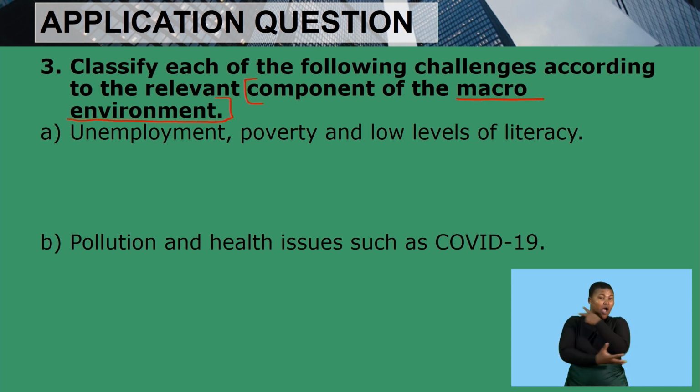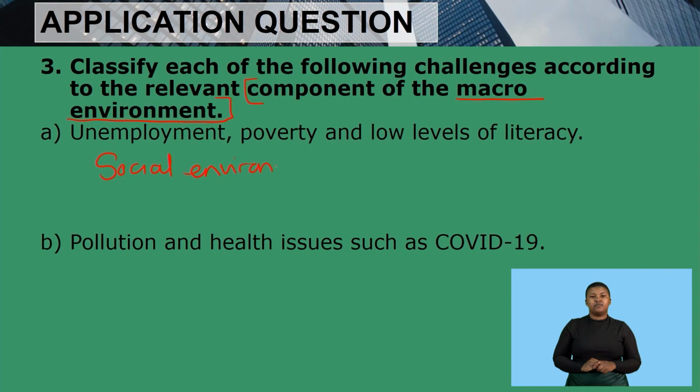unemployment, poverty, and low levels of literacy. These are all, of course, examples of socioeconomic issues. So then we can conclude that this will be our social environment. All right, so this then is the social environment as component of the macro environment.